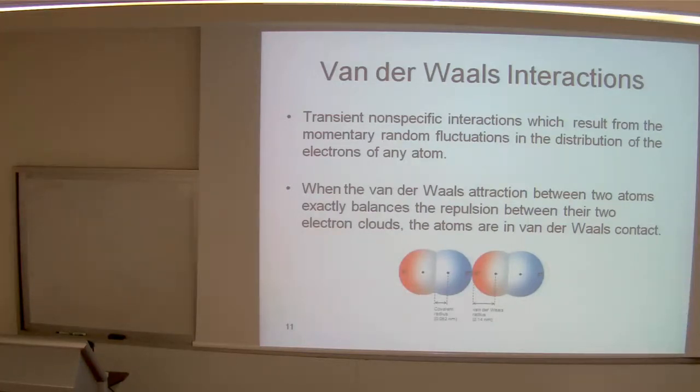If there is nothing from the outside happening, will it stay that way, or is it so transient? Well, it is transient, but it still has more energy than usual thermal energy, or the energy that we have here in the room. So a van der Waals interaction would not break down spontaneously, but you do not need a lot of energy to break it.